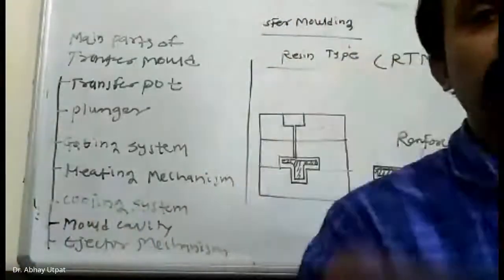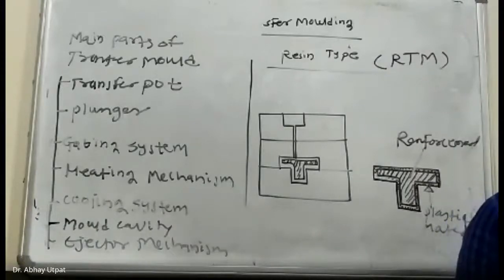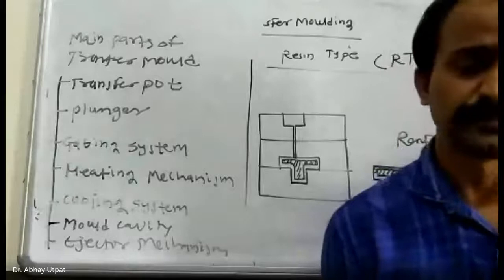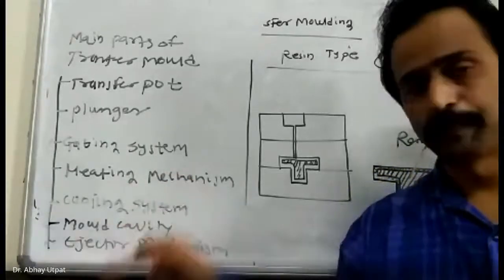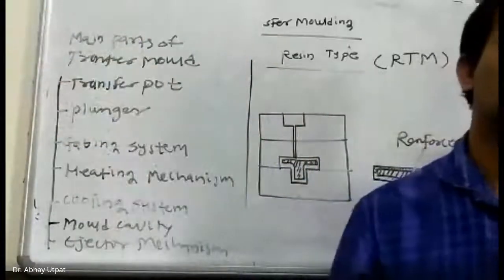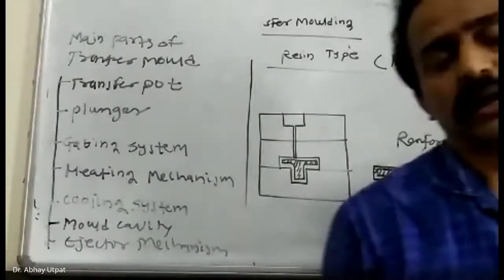Then an automatic ejector mechanism: once your work is over, when you press the button, automatic pins will operate and the component will fall down. So in this way, automation in transfer molding is possible.